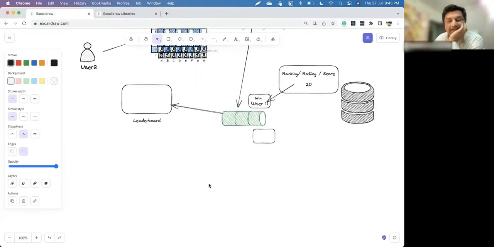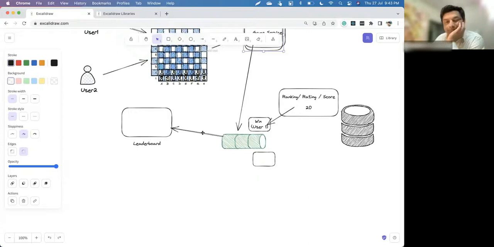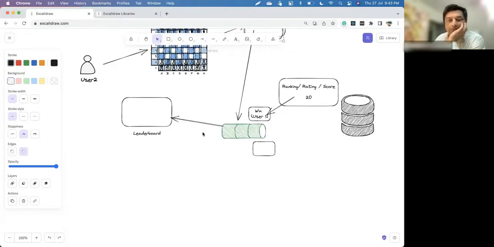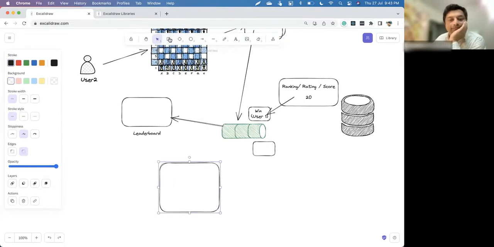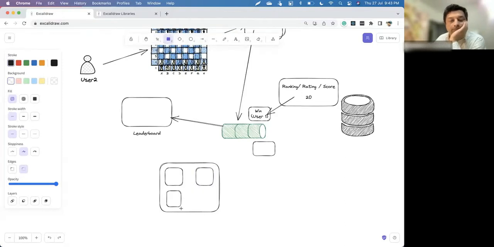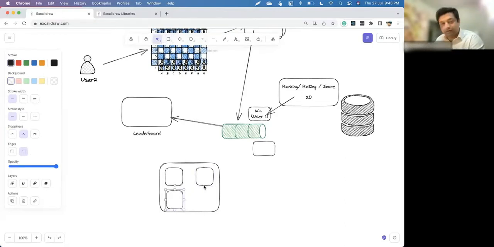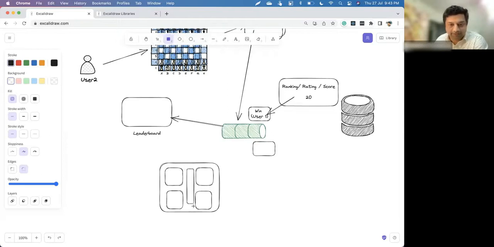Assume there is another advantage of this approach. Assume you create one more game tomorrow, right? So let's say this game is a Ludo game. So you have a Ludo game, and I'm just trying to draw the Ludo game here. Something like this is your Ludo game.